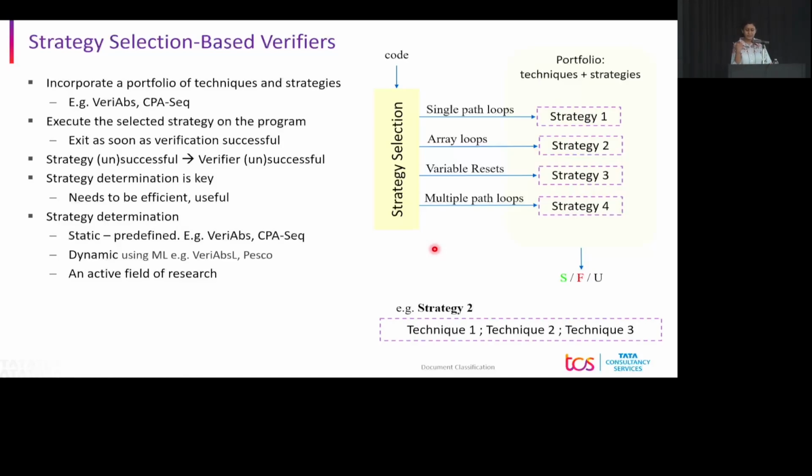It's a challenge to come up with these strategies. How do you come up with them manually? Large amount of experimentation, domain expertise, heuristics. So that's how you come up with strategies. You can also use machine learning. It is an active field of research, and it is being done more often than earlier.